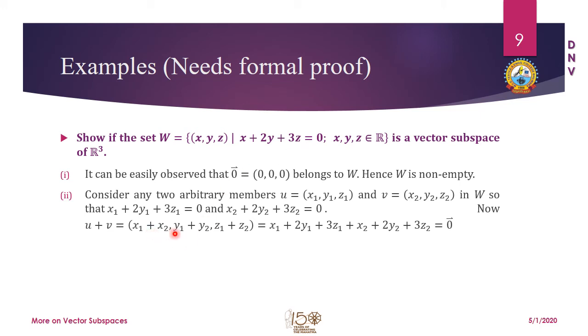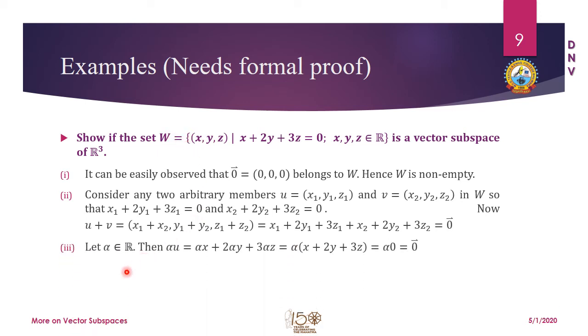If I put x1 + x2, y1 + y2, z1 + z2 in this equation, I can very well separate them and write x1 + 2y1 + 3z1 and x2 + 2y2 + 3z2. So if I use these two conditions, which are quite obvious, then it becomes 0 + 0, again equal to 0. So the second condition is also satisfied: the sum of two elements of this set is again an element of this set.